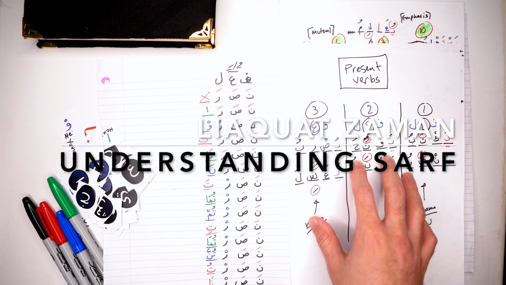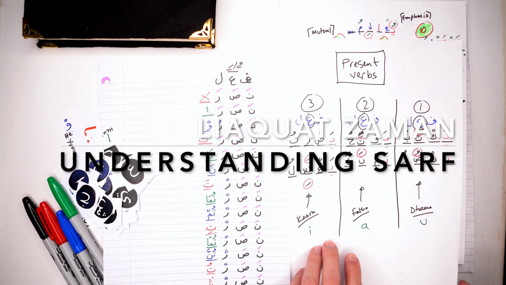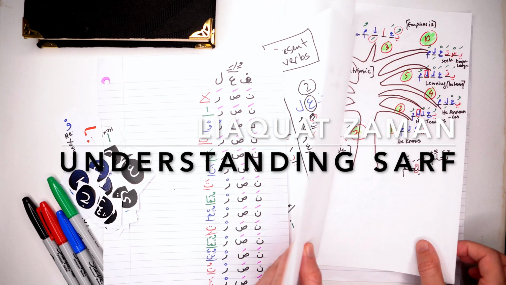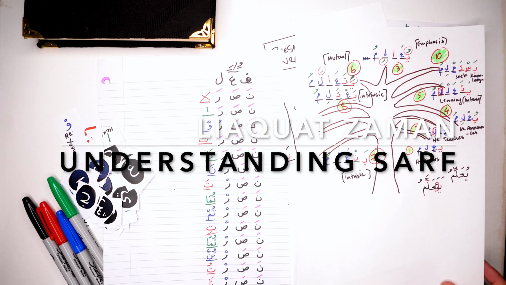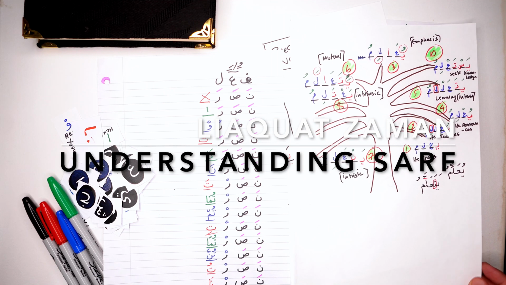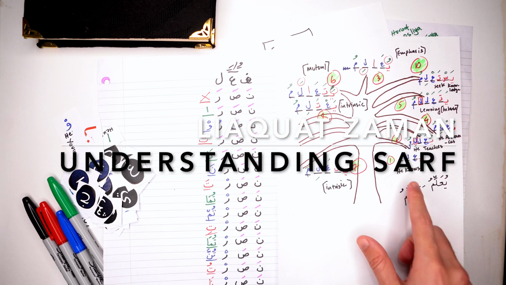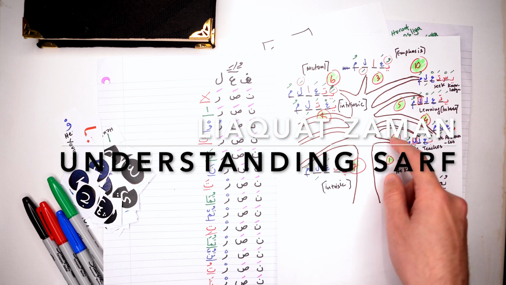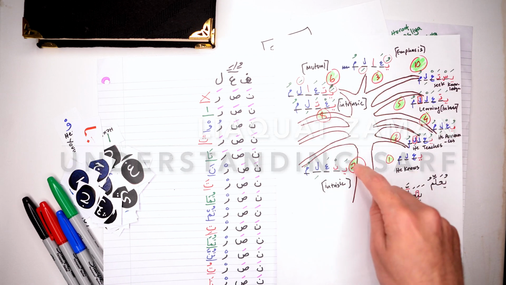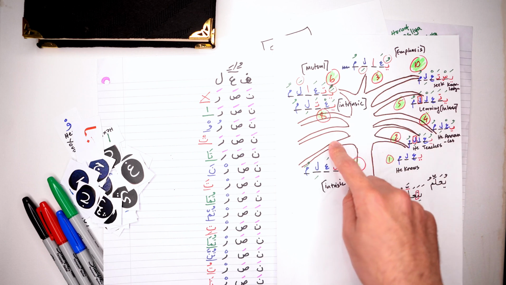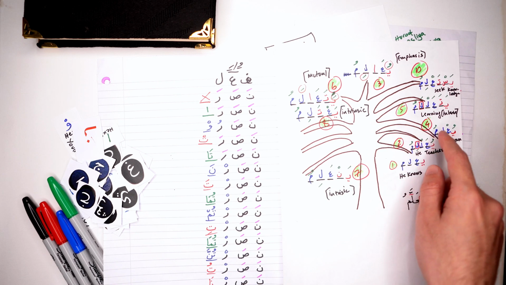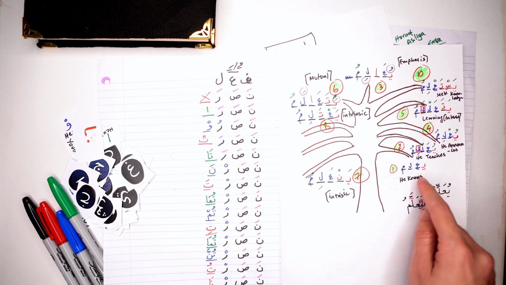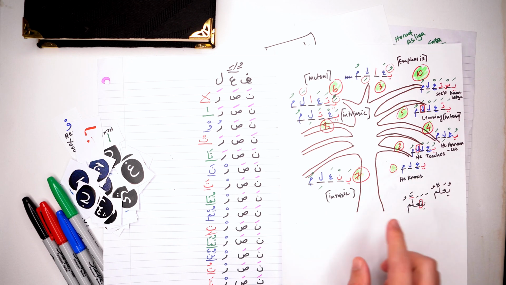When it comes to this particular pattern, how many patterns are there altogether? Well, we said there's about 10, really about 9 that you need to get yourself used to. And I made a tree for you guys: 1, 2, 3, 4, 5, 6, 7, 8, and then 9. We don't really use 9 that much, and then 10. So these are the various patterns, and these patterns are applicable for the past ones as well.